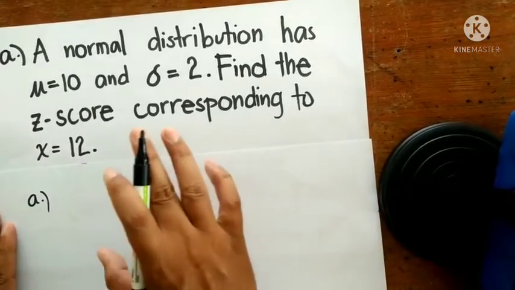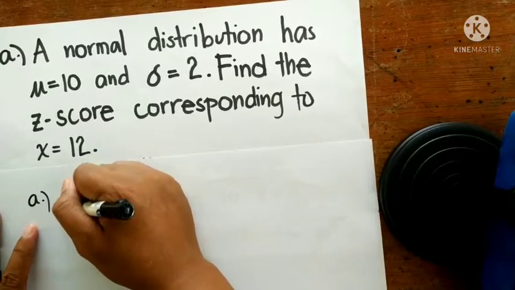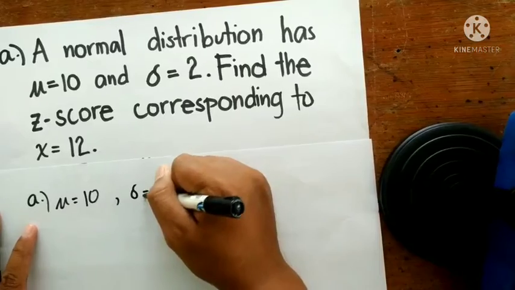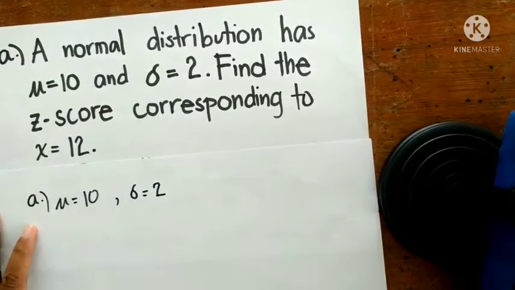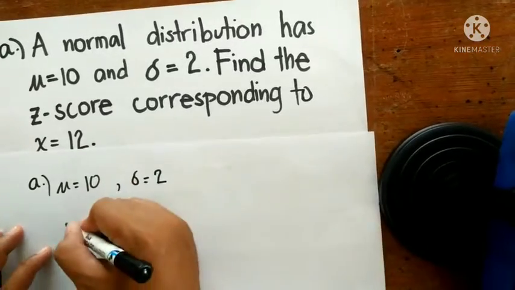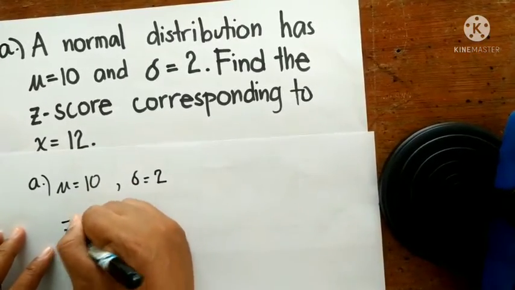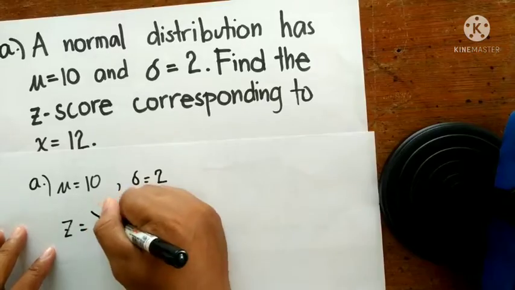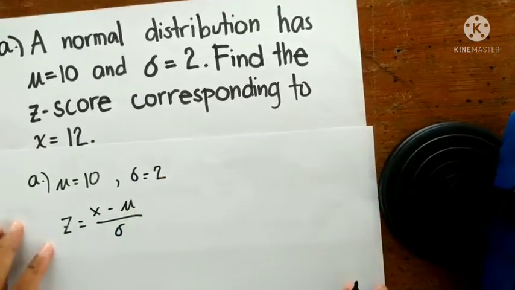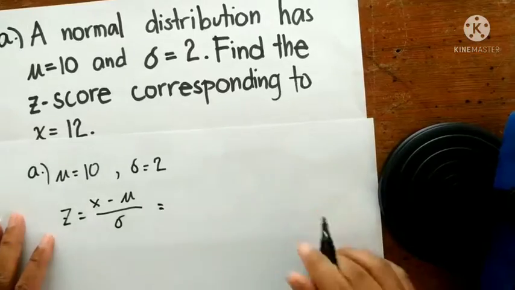In our first question, we write our givens: mu is equal to 10 and our standard deviation is 2. Now we are going to find its z-score. The formula for finding the z-score is x minus mu over the standard deviation.